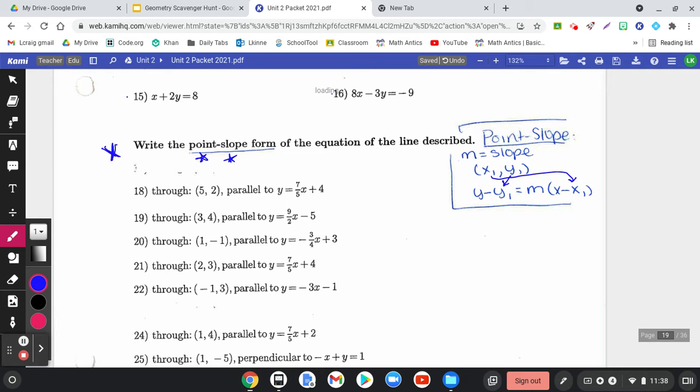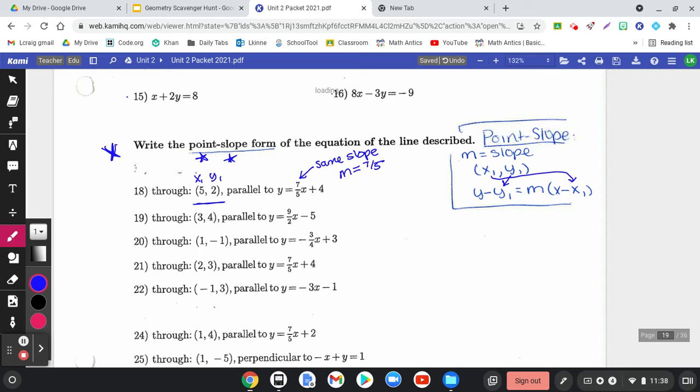With this one, I have a point, and it says parallel to this line. Well, we know parallel lines have the same slope. So our slope for our line that we're going to write is 7/5. You're ready to write. You have your slope, you have your x1, y1 from your point.